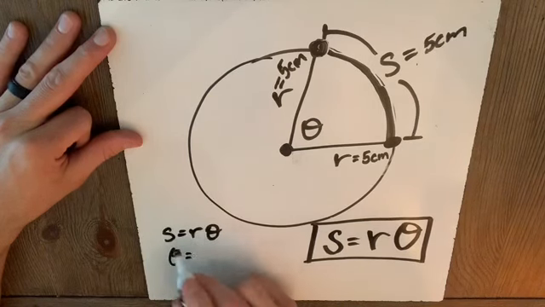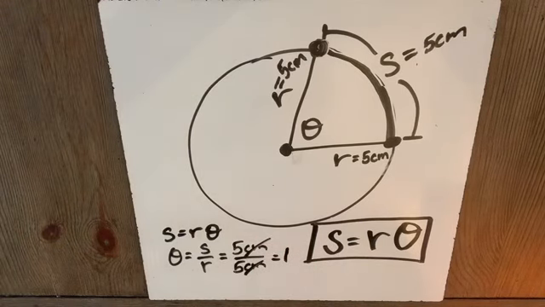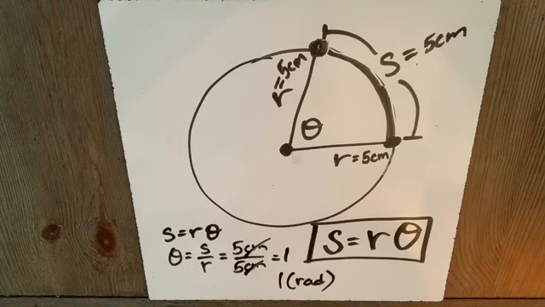The angle will be, divide both sides by R, S divided by R, which is 5 centimeters over 5 centimeters. And we get 1, which is unitless. Now, I could say 1 radian. I'll put that in parentheses to let myself know it's really unitless. You see, the units cancel. And that's what this is. It's 1 radian. 1 radian is defined when R is equal to S.